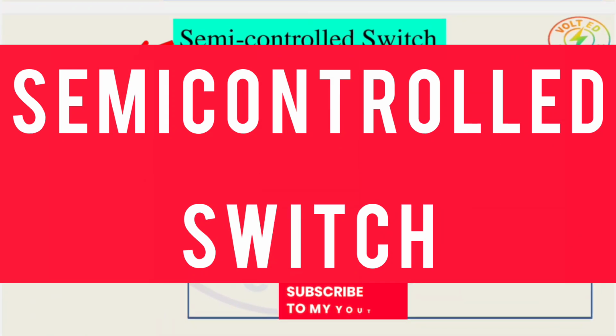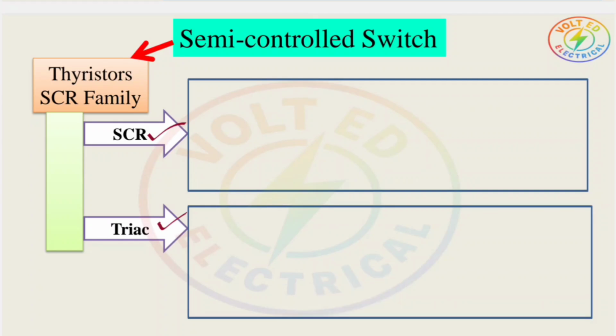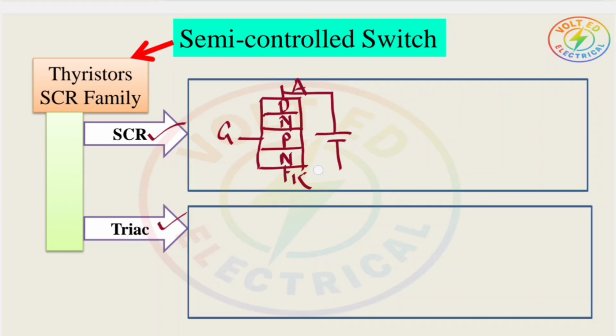Some examples of semi-controlled switches are SCR and TRIAC. So let's see the SCR first. Let's see the layer diagram of an SCR. It looks like this. This is a 4-layer device, P, N, P, N, with anode, cathode and gate. When we apply positive voltage across the anode and negative voltage across the cathode, and another supply is connected with positive to the gate and negative to the cathode, in that case the thyristor will be on.